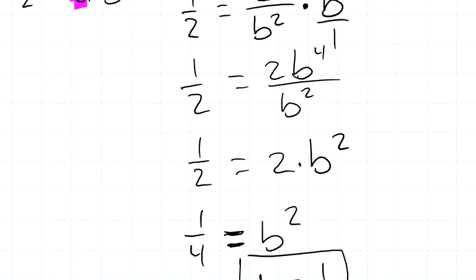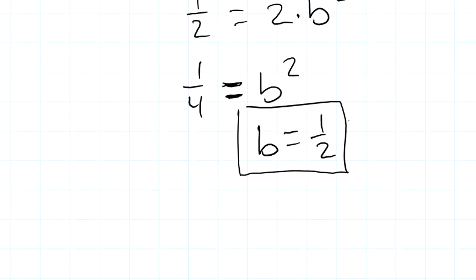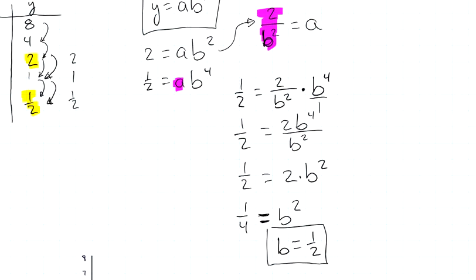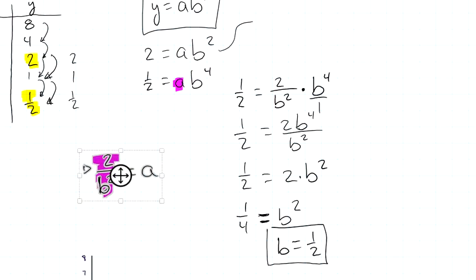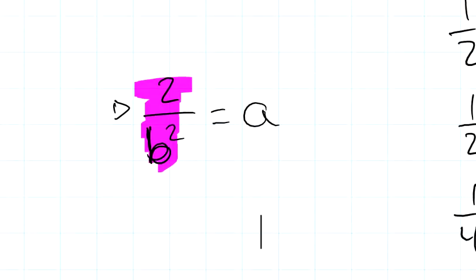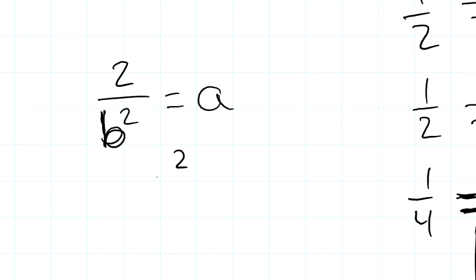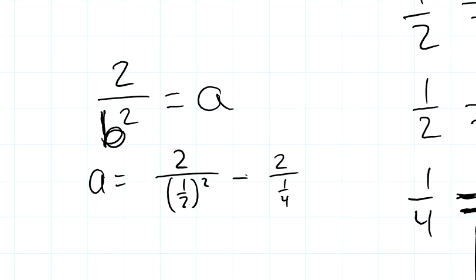Another way I could get that is, now that I know b is 1/2, I could take this equation that tells me what a is. It says a is going to equal 2 divided by b squared. Well, 1/2 squared is 1/4, so this is 2 divided by 1/4.